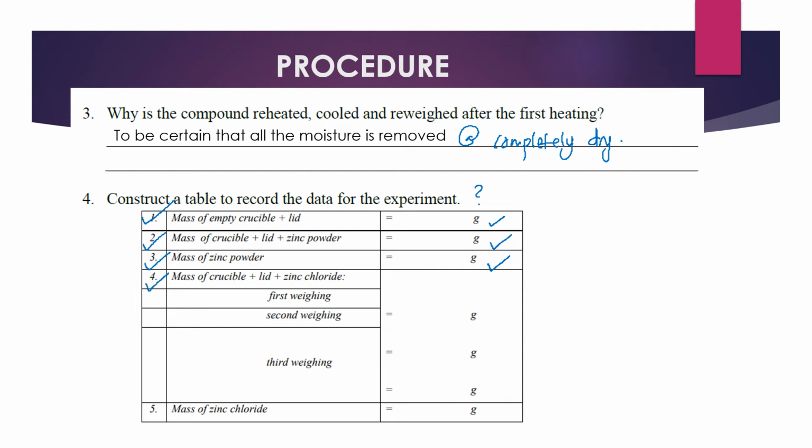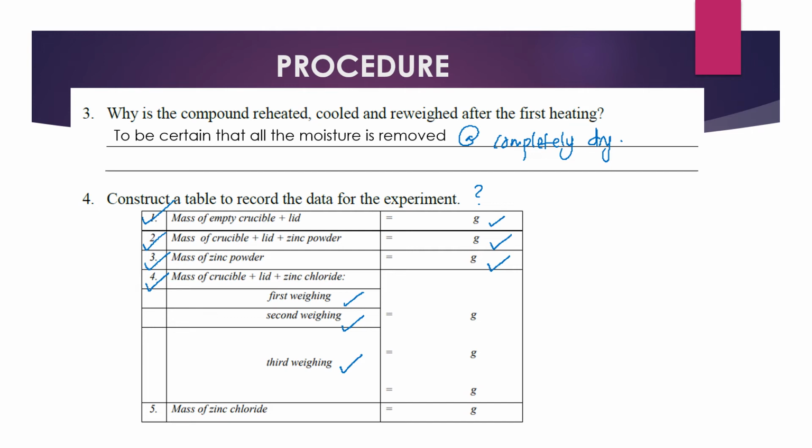Number 4 depends on your procedure. Mass of crucible plus lid plus zinc chloride can be divided into how many times you reheat, cool and reweigh. If you have 3 times, you must write first weighing, how many gram, second weighing, how many gram, third weighing, how many gram.